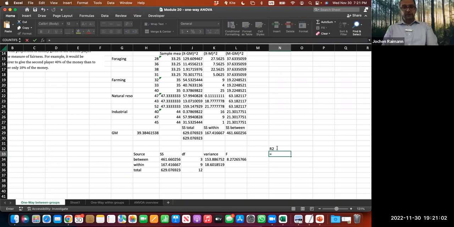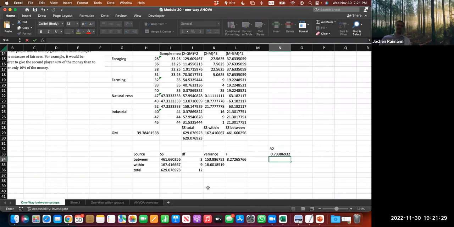It's calculated as the sum of squares between divided by the sum of squares total. So it's 0.73, which is a considerably large R squared. As you can estimate, this is a proportion, so you can convert this R squared also into 73% of the variability is explained by the variability between those means.